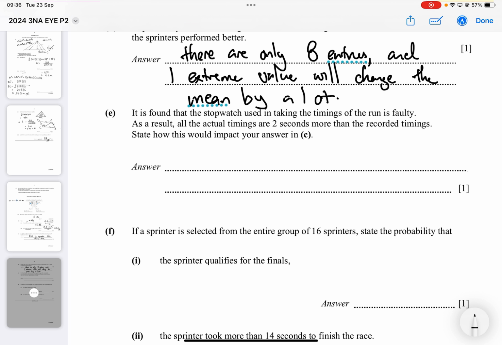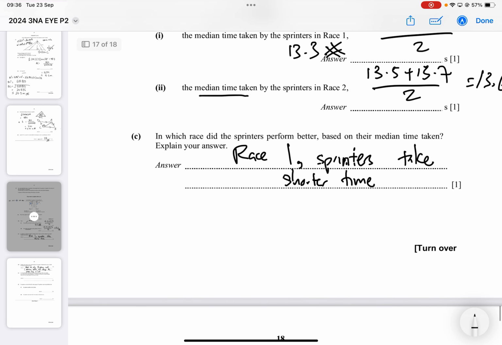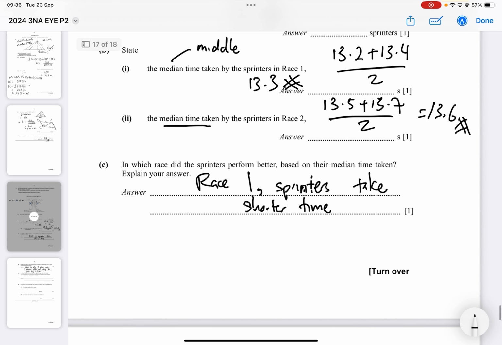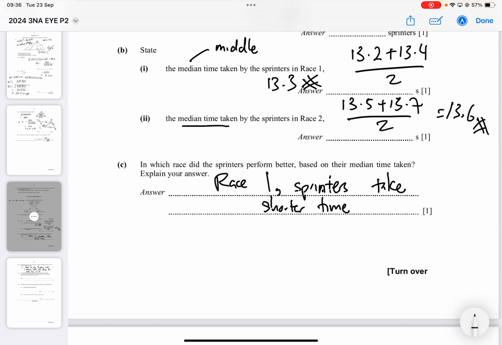Will this affect my answer in part C? Part C asks who is faster. So if everyone is slower, actually my answer has no change, because the race 1 sprinters will still take a shorter time. Just that it is no longer 13.3 versus 13.6. It becomes 15.3 versus 15.6, but my race 1 sprinters are still faster.